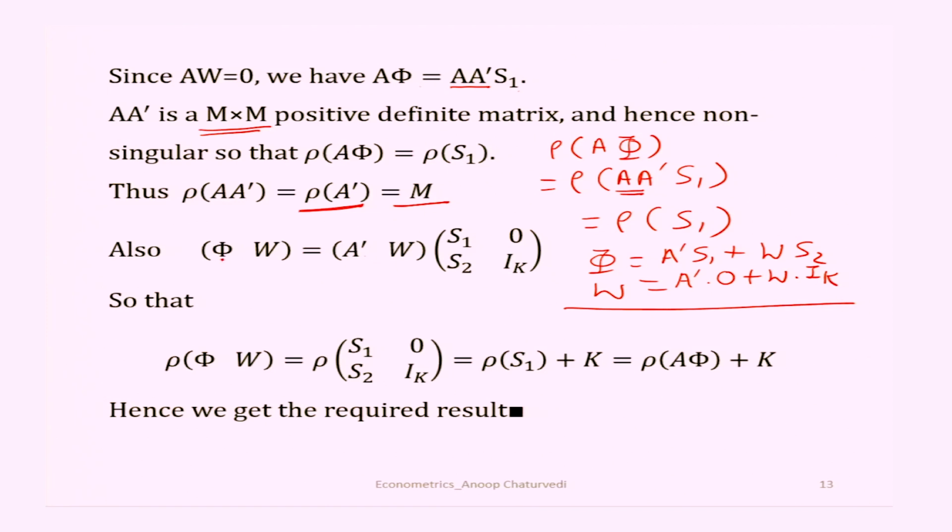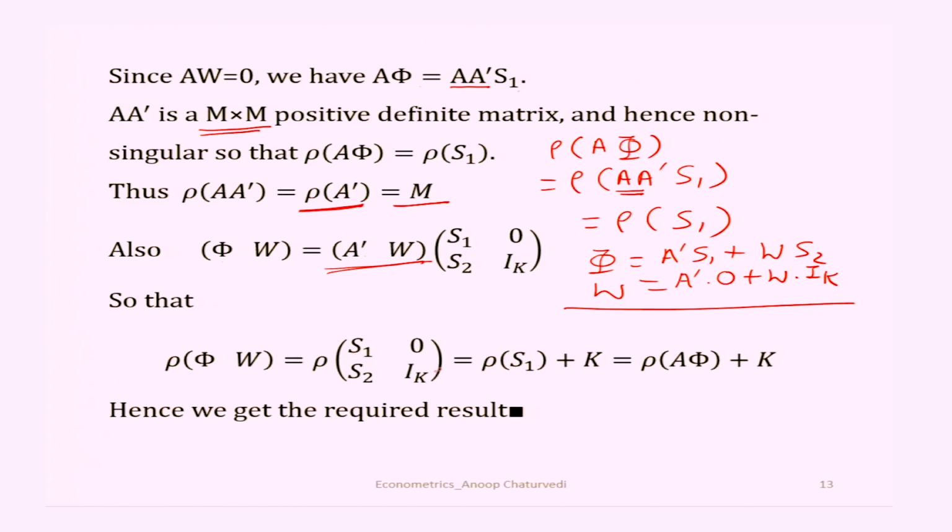So, we can write phi W equal to A transpose W S 1 S 2 0 I k. So, rank of phi W is equal to, now this is a non-singular matrix. So, rank of phi W is equal to rank of S 1 S 2 0 I k.